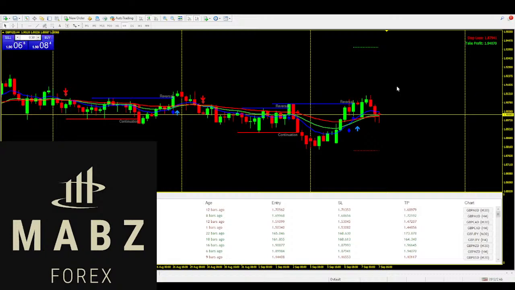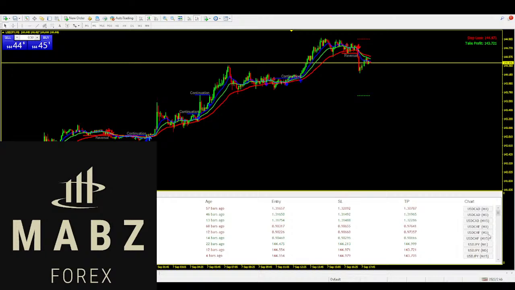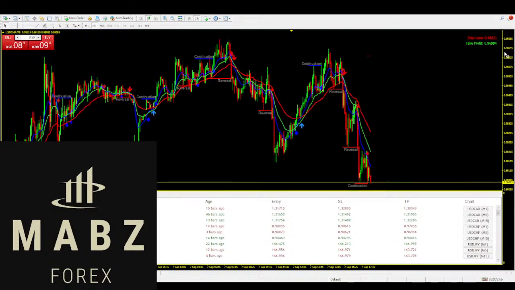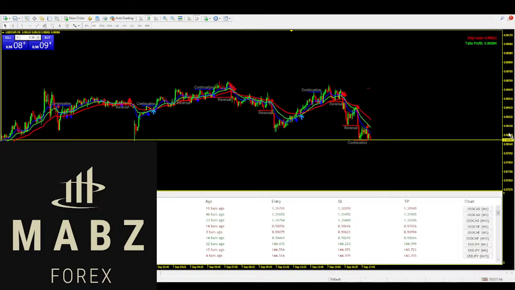So that's the typical type of setup that we're looking for. We want to see an arrow pointing in a certain direction, and the take profit and stop loss levels need to be positioned correctly. If we are looking for sell trades, here's an example of a sell trade.